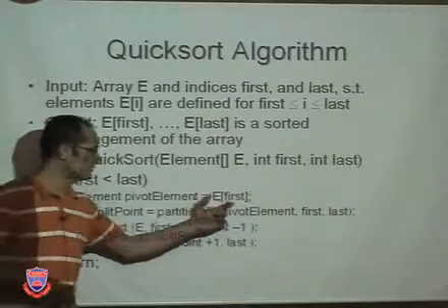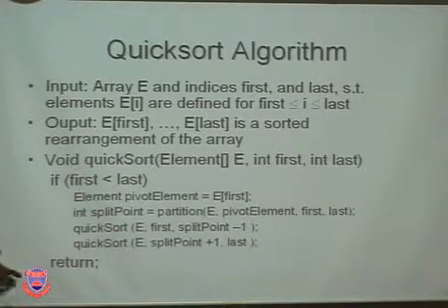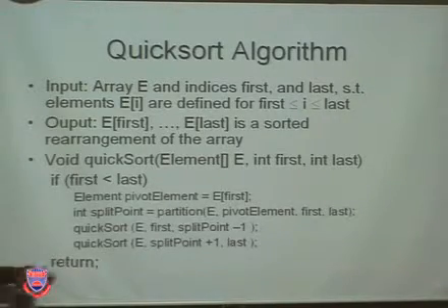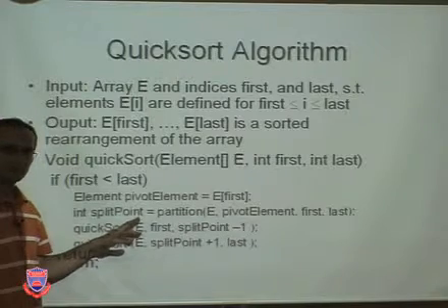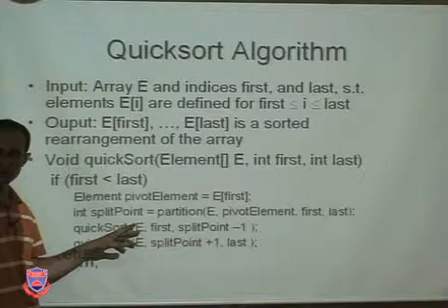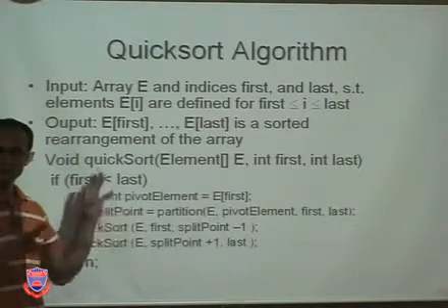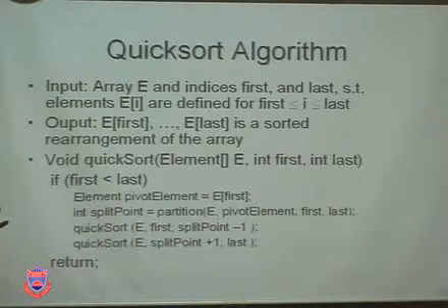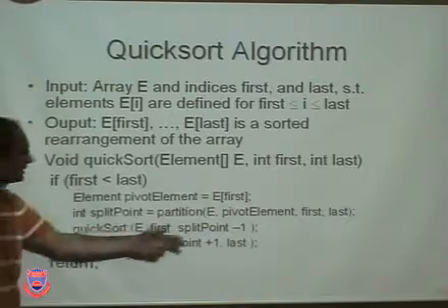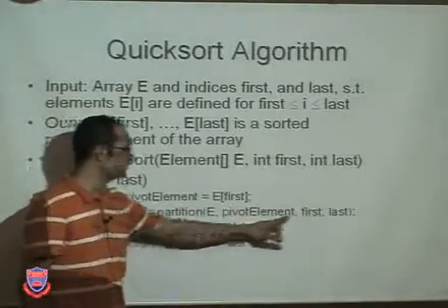And then you choose the first element to be the pivot, with which you're going to arrange your entries in the array. Then you partition your array such that you generate the new settings for the pivot, wherever it is going to be in the final set, and then the remaining elements are arranged according to the pivot. This gives you the split point, partition with the array, pivot element, first and last.